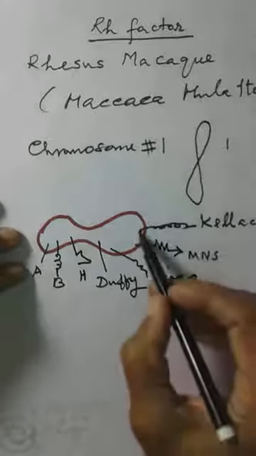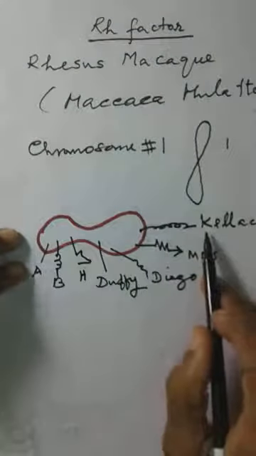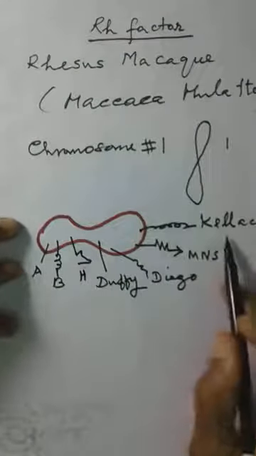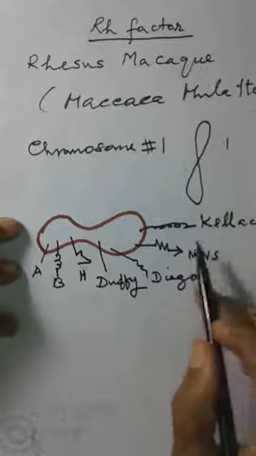In her red blood cell, there is a special antigen, so they named it Kell antigen.